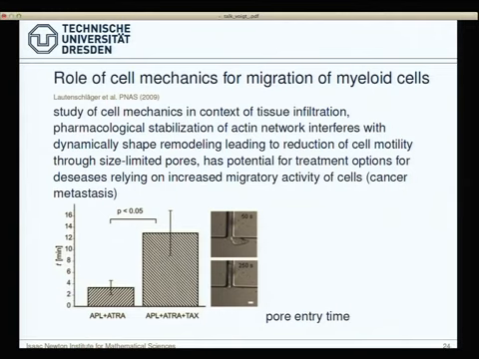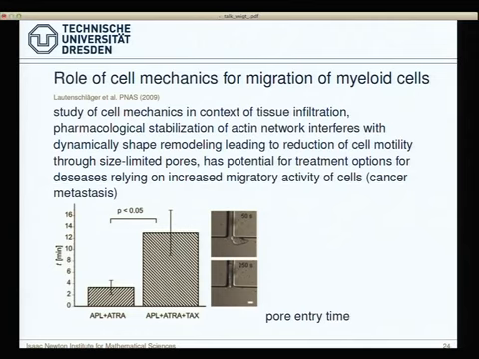What they did is modify some of these mechanical properties, especially the activity of the actin, and then looked at pore entry times for such cells in small pores.